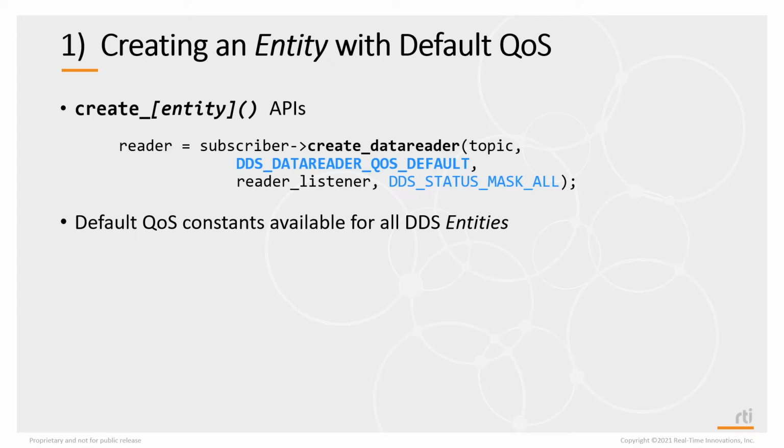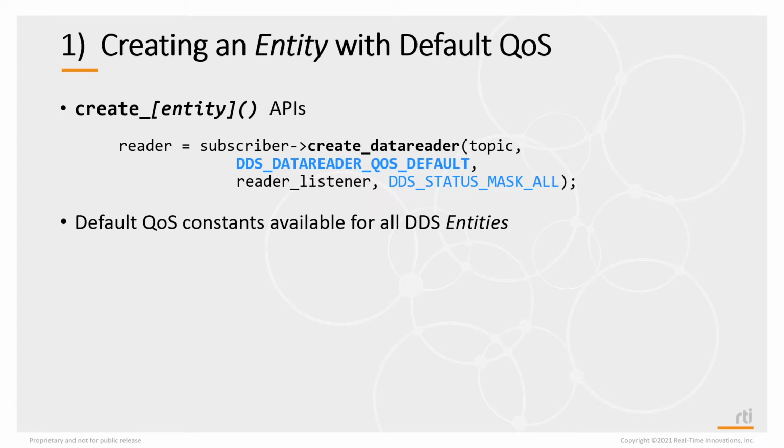So there's a DDS data writer QoS default, there's DDS domain participant QoS default, DDS publisher QoS default, etc. And they'll be used in their respective create entity API to create those entities with whatever the default QoS is set for those entities.